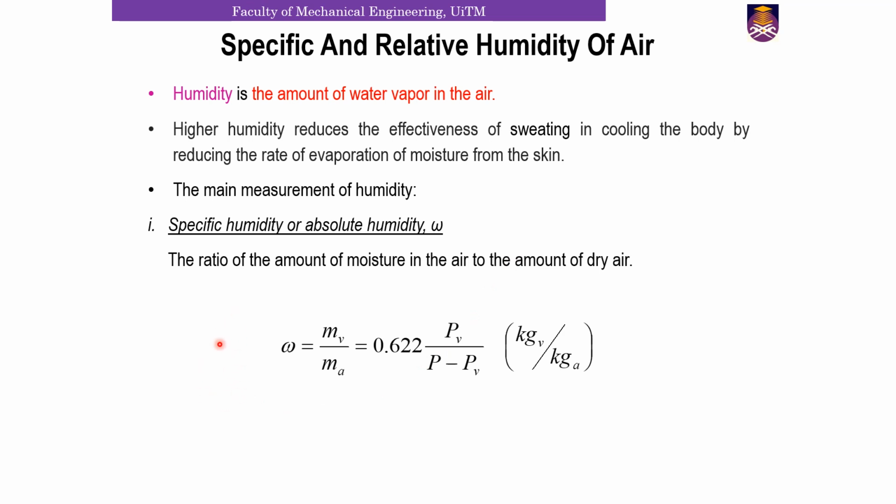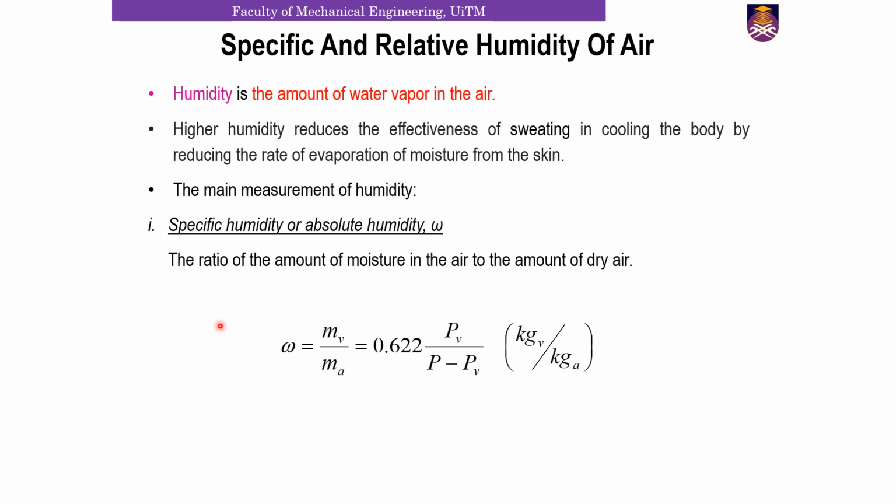So this is based on the definition, and then you can modify this equation to introduce the partial pressure of your water vapor: 0.622 times the partial pressure of water vapor divided by P, the total pressure, minus the partial pressure of water vapor again.